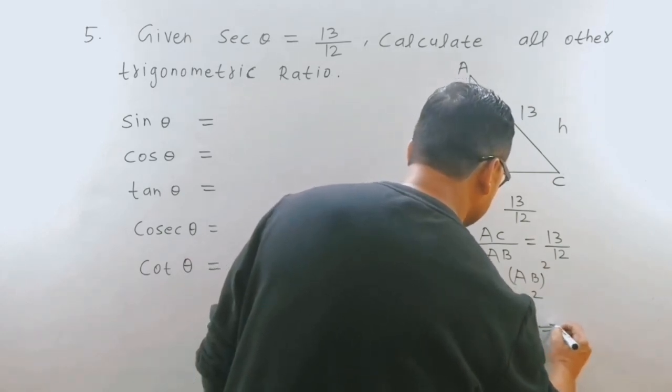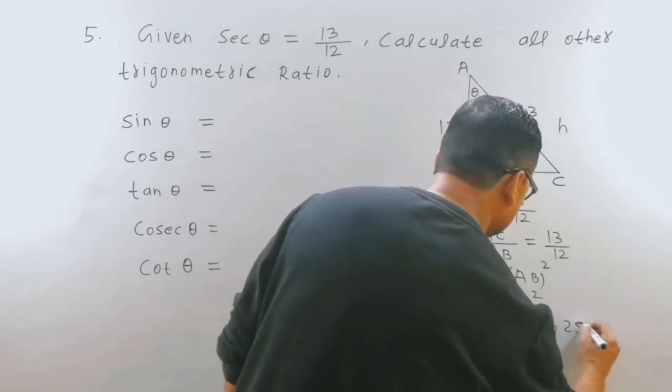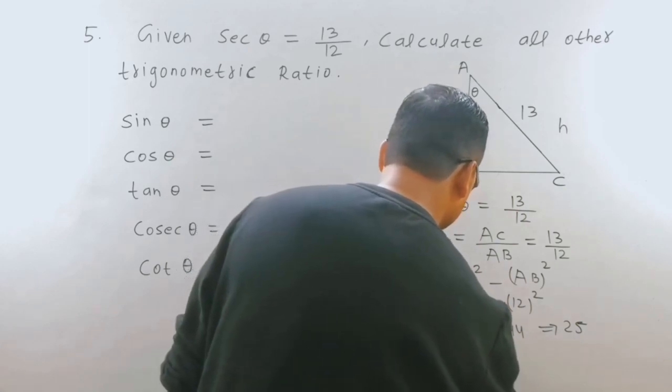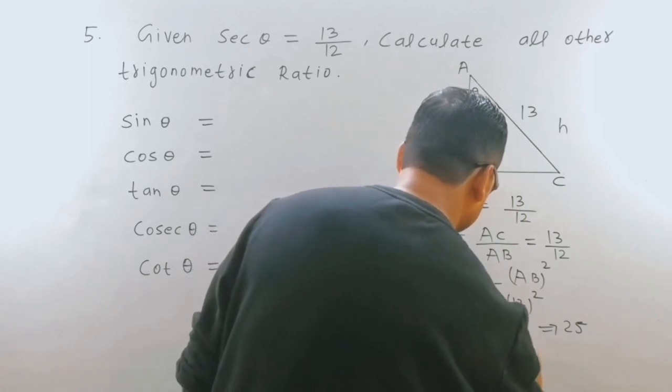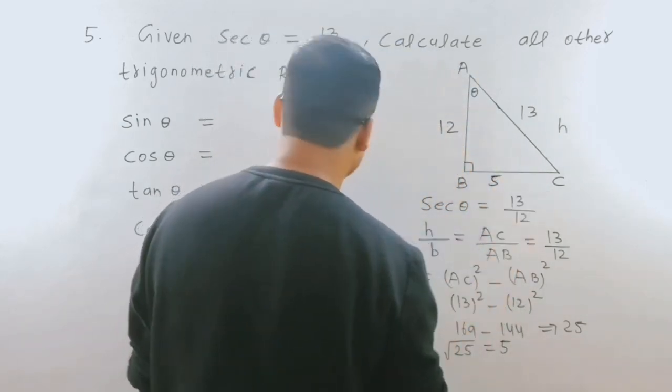When we simplify 169 minus 144, we got 25. Then BC will be root 25, that is 5. So we got BC as 5.